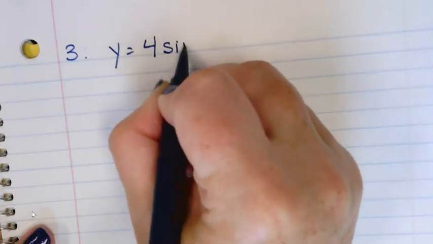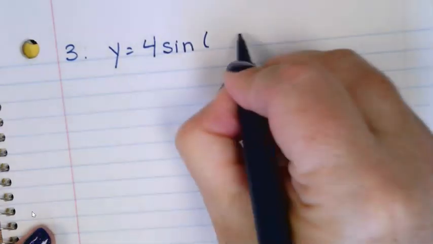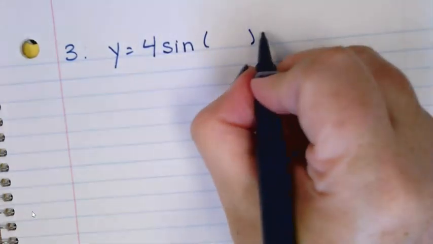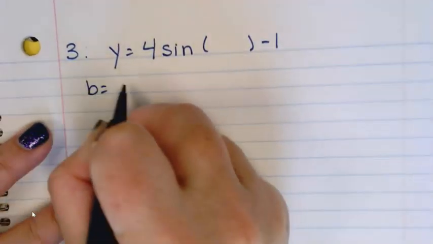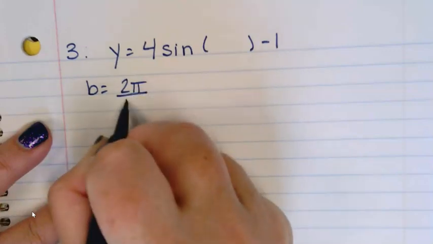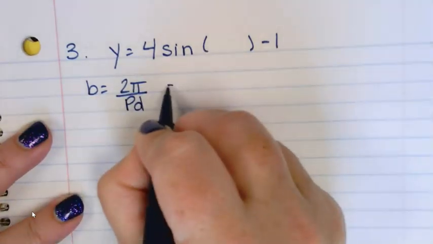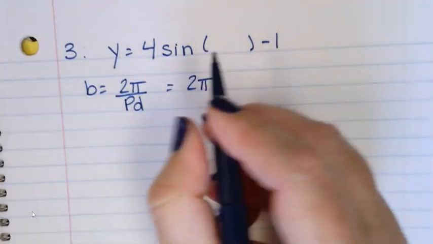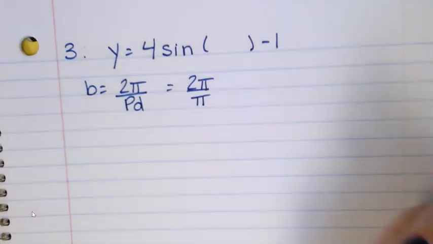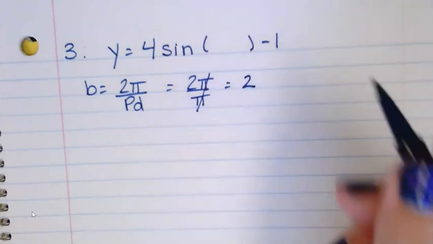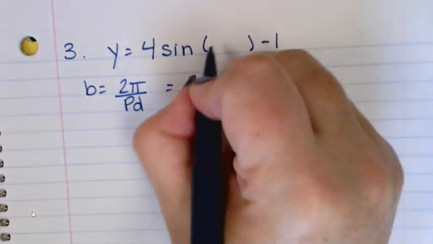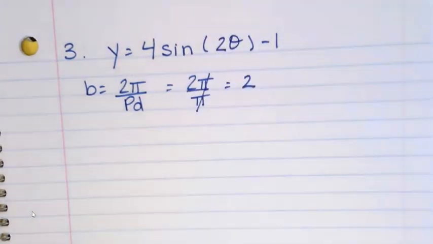We know it's a sine curve. And then my midline is a minus 1. To find b, remember it's 2 pi over period. So our period we just found was pi. All I can do is clean out the pi's, get rid of them, and we get 2. We have no phase shift, so this is just 2 theta.